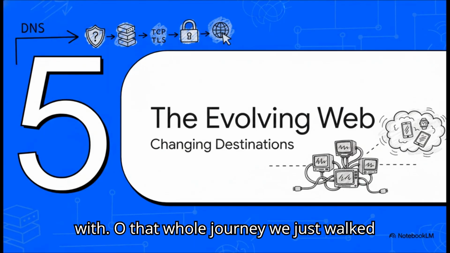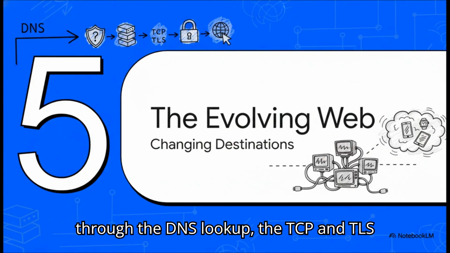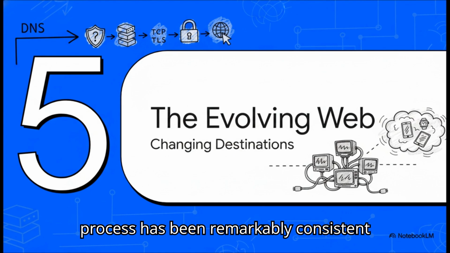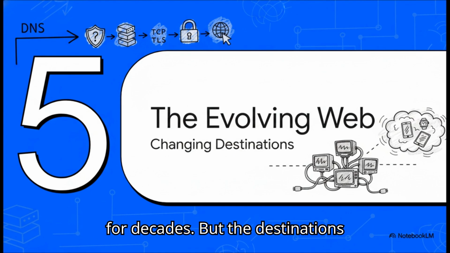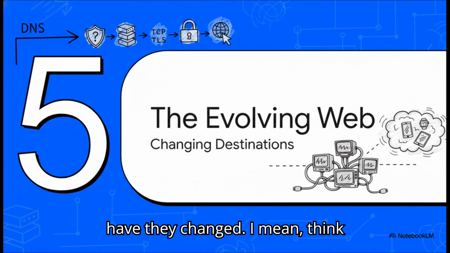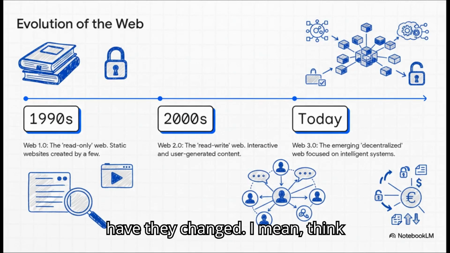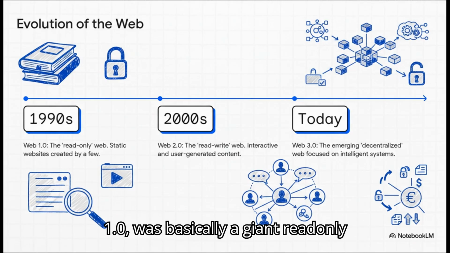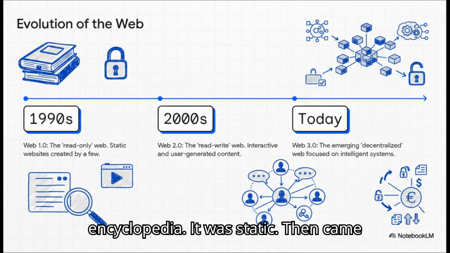So that whole journey we just walked through, the DNS lookup, the TCP and TLS handshakes, the HTTP request, that core process has been remarkably consistent for decades. But the destinations themselves, the websites we visit, oh man, have they changed. I mean, think about it. The early web, what we call Web 1.0, was basically a giant read-only encyclopedia. It was static.